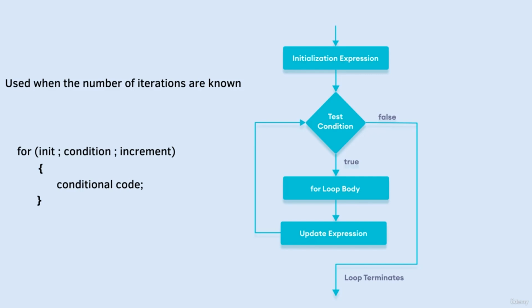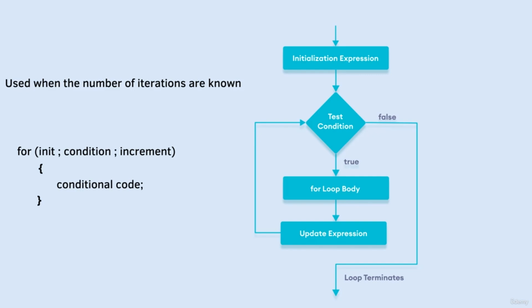Whenever you begin this particular loop, as I said, the number of iterations should be known. So here I will initialize the value. Let's say I will initialize the variable i with 1. That is the initial thing. Condition means the finishing point, when you want your loop to be terminated. That condition will come here. So here I will write something like i is less than or equal to 100, that is the condition.